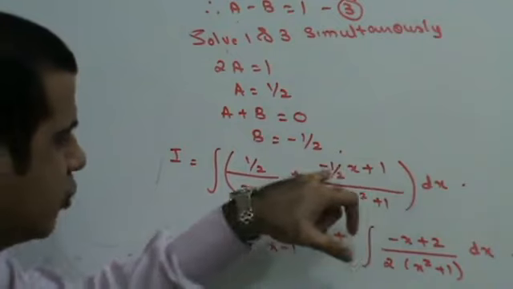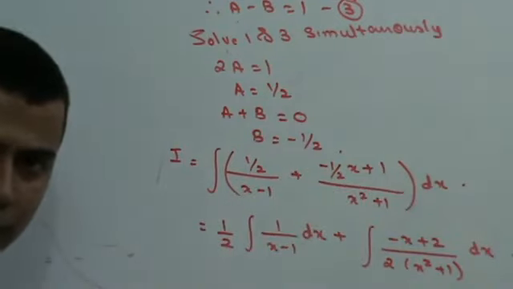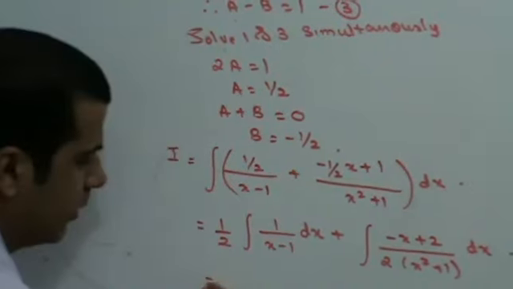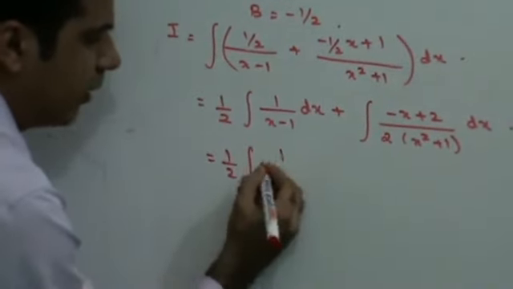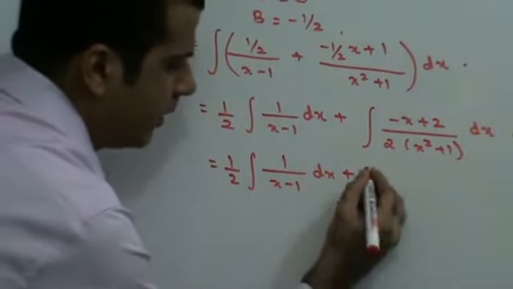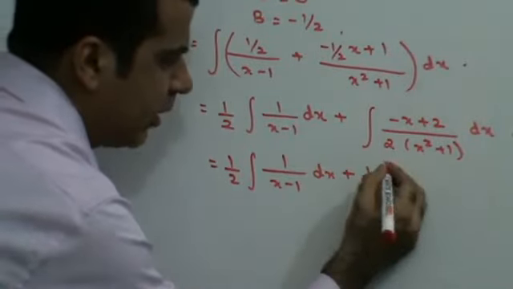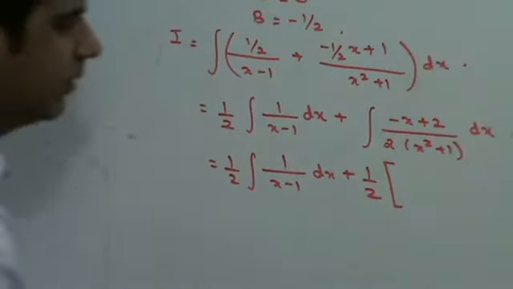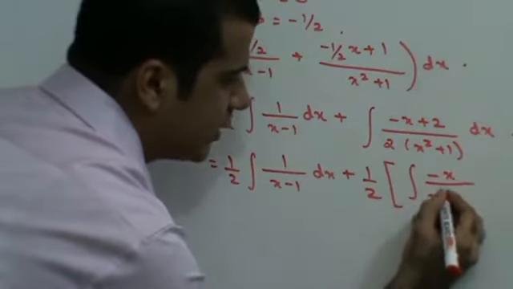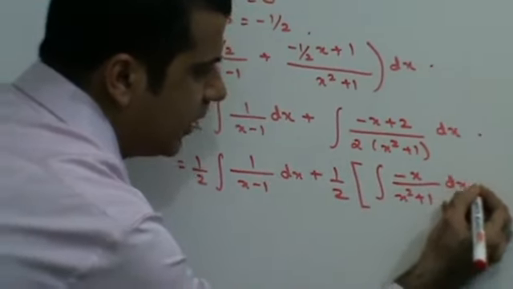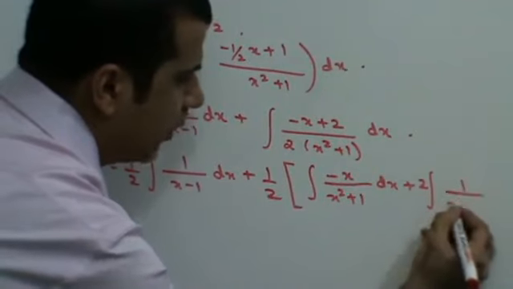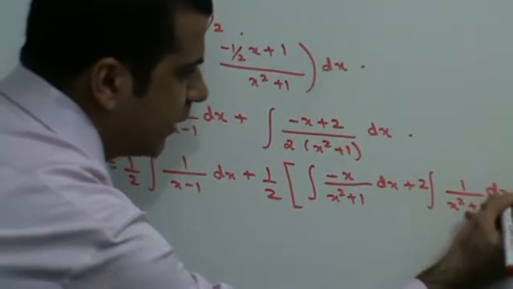Minus x plus 2 and that common denominator 2 I brought down. Split the numerator. So this is 1 upon 2 integral of 1 upon x minus 1 with respect to x plus 1 upon 2 constant outside. Split the numerator. Integral of minus x upon x square plus 1 with respect to x plus integral of twice 1 upon x square plus 1 with respect to x.